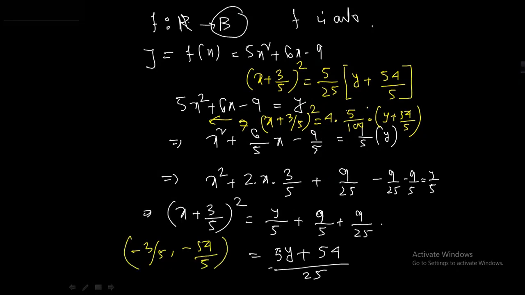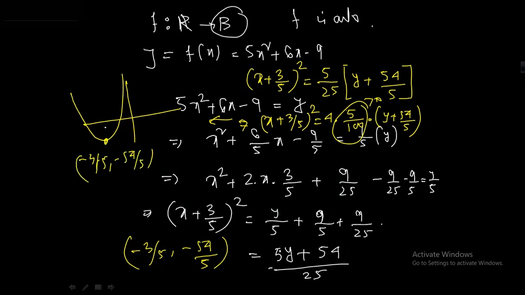This is the vertex and a is positive. So again the parabola will be this. This is (-3/5, -54/5). So this value is -54/5, the y coordinate.